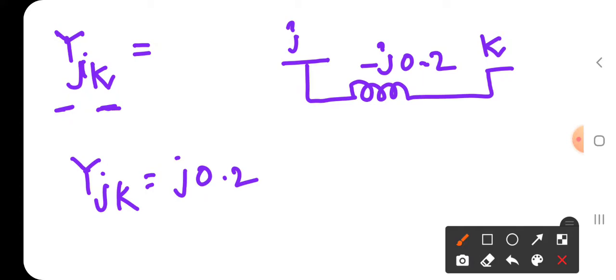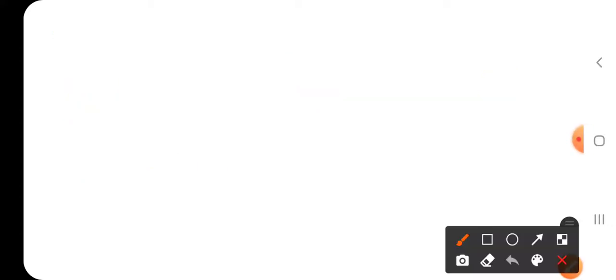Okay, then what about the equations? If you apply the KCL at n minus 1 nodes, then you have the equations as follows. We know that if you apply the KCL, you will get I is equal to Vy.